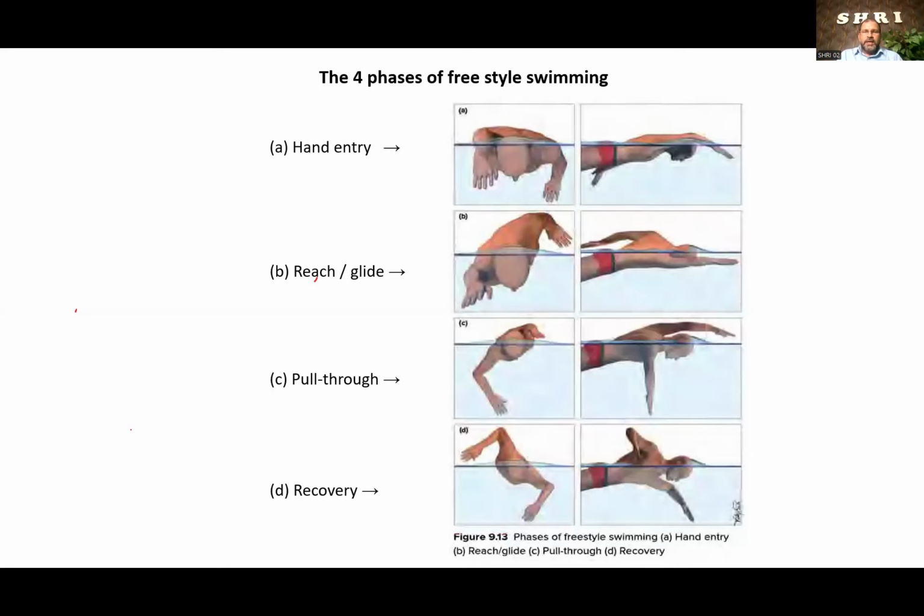Then finally recovery. Out of all four phases, in 1, 2, and 3 the hand is inside the water. Only in recovery is the hand off the water. If you want to swim faster, your hands should be in the water, not in the air.